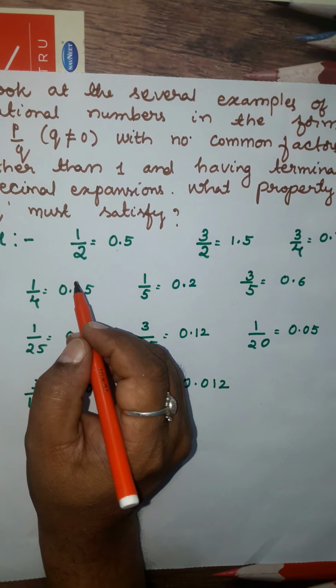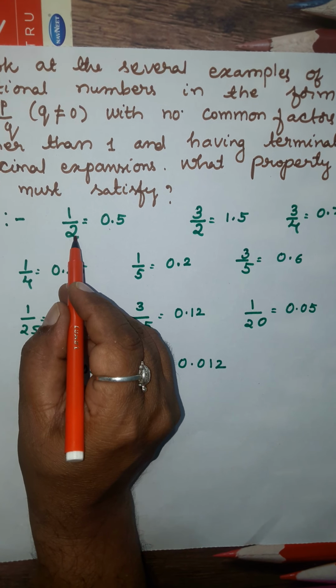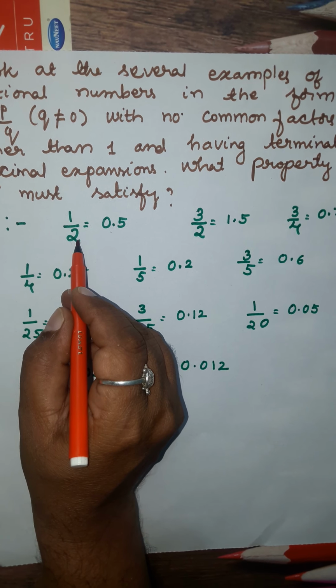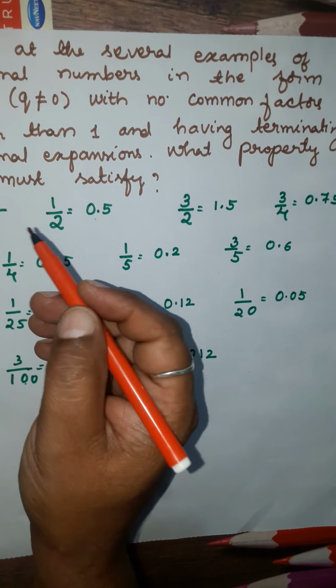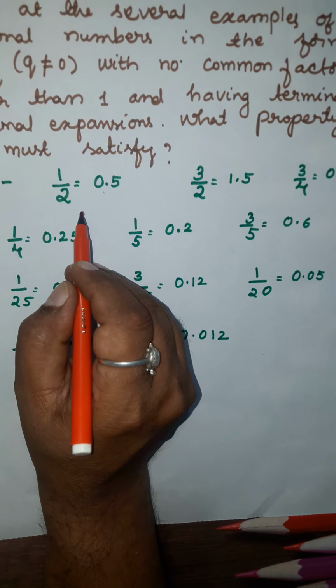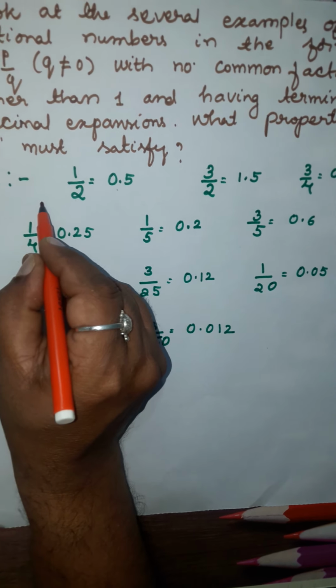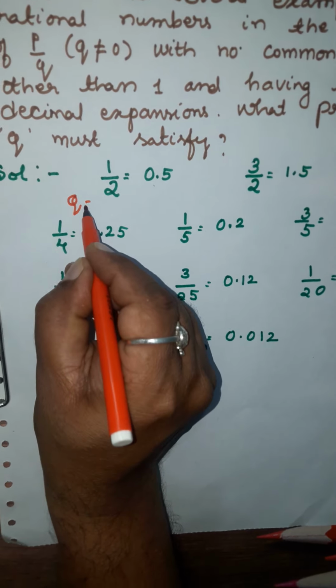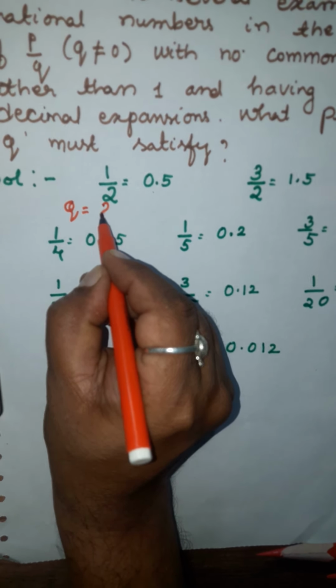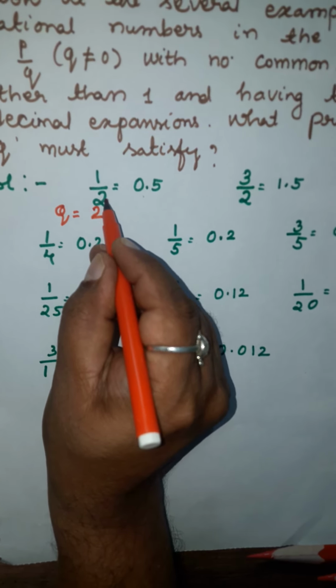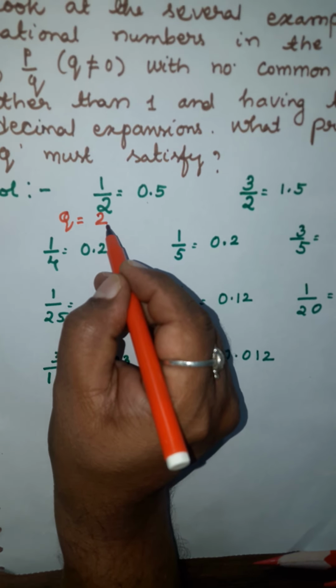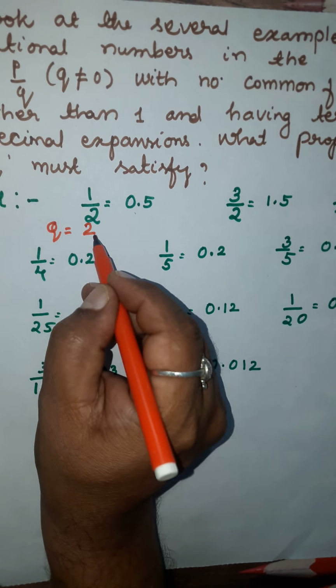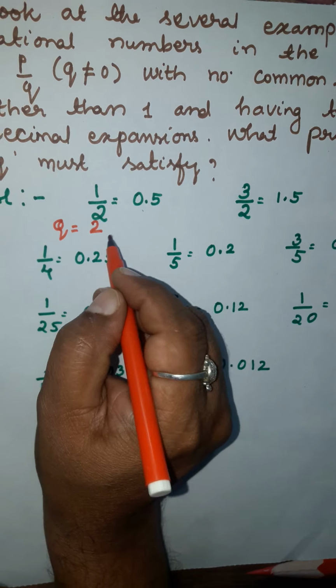I want to factorize the denominator, that is q. So what type of factors? Prime factors. So q is equal to 2, because the factor of 2 is 2. You may ask, 1 is also a factor, but I am writing the prime factors.